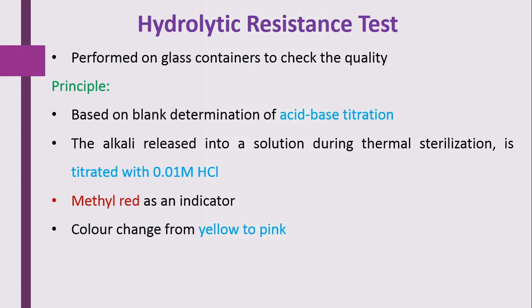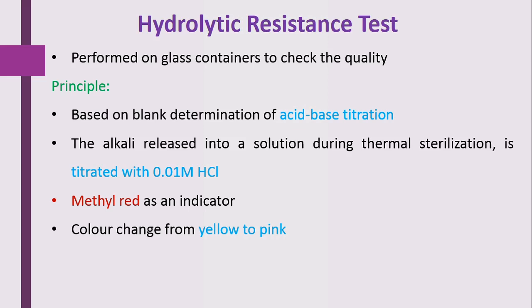So some reading will be there. That reading is compared with the blank titration. With the help of the difference between the blank and the test sample titration readings, that particular glass type is distinguished, and in this way the hydrolytic resistance test is performed on the glass container.